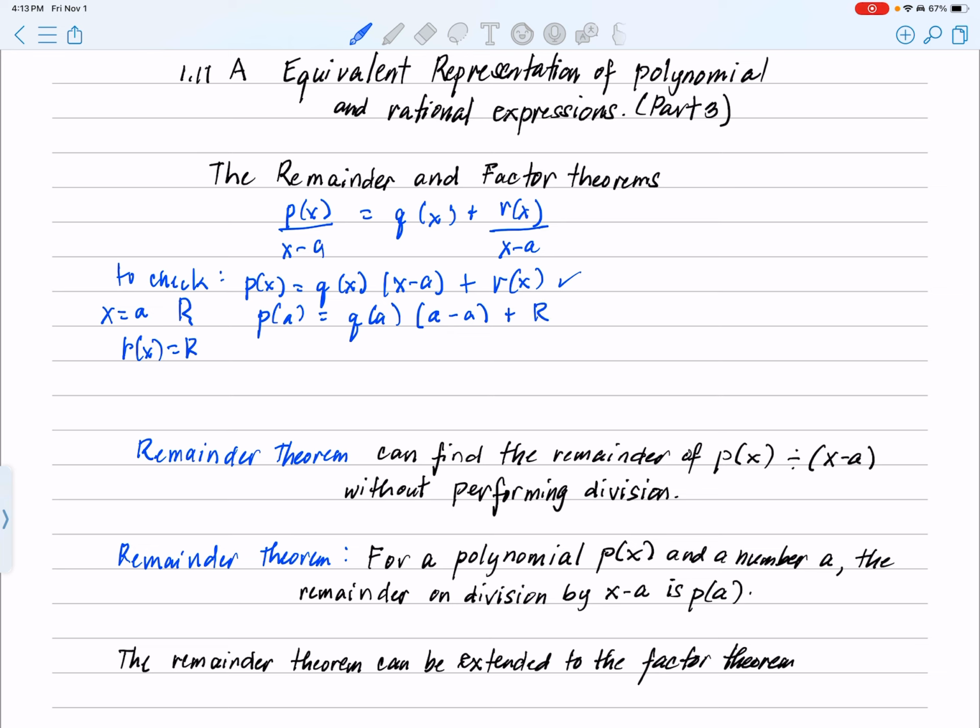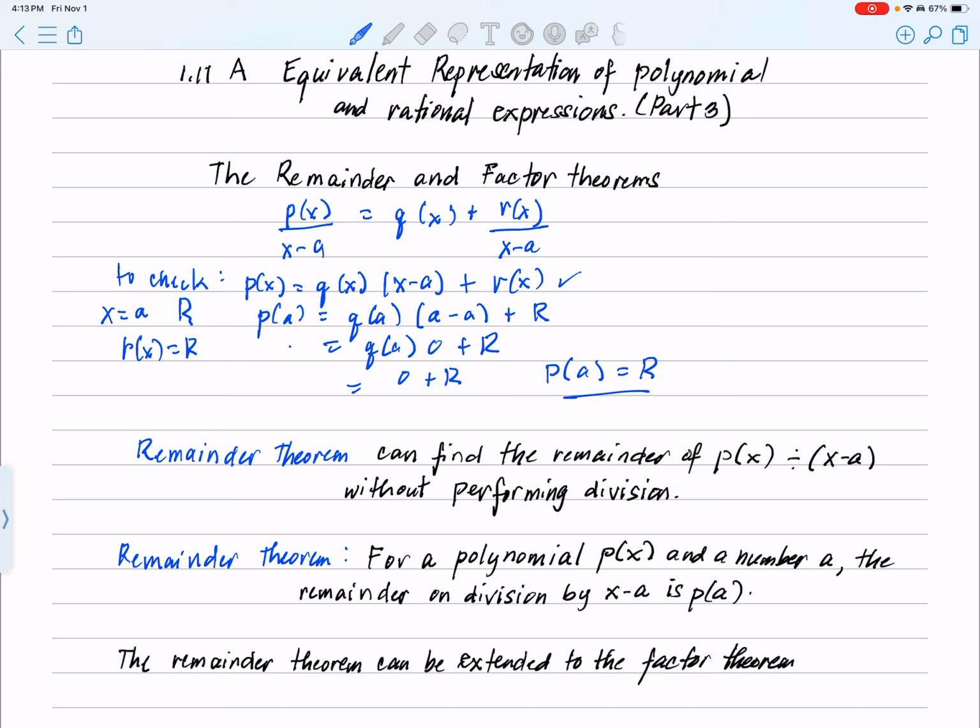Alright, so what is going to happen here: a minus a is 0, q of a times 0 is 0, plus r, then p of a is equal to the remainder.